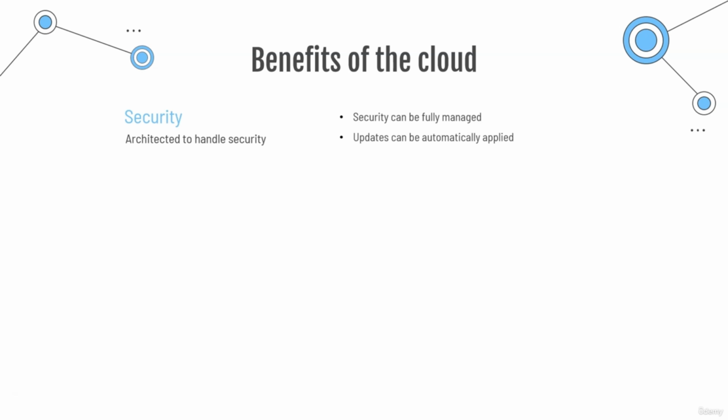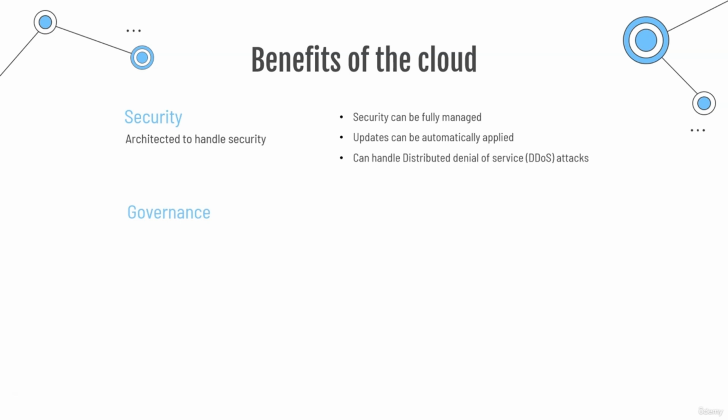And we also have updates that can be automatically applied when some of these security issues in the market are changing. Azure is also equipped to handle, for example, so-called distributed denial of service attacks, where a lot of traffic is being sent to an application, and this can be well handled by Azure.